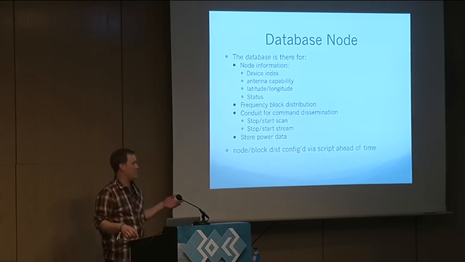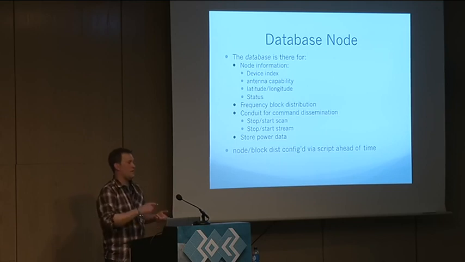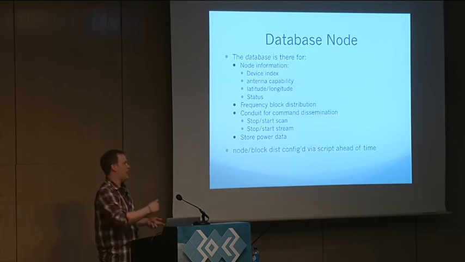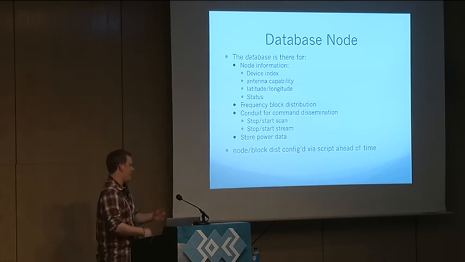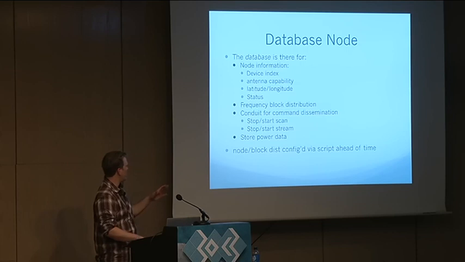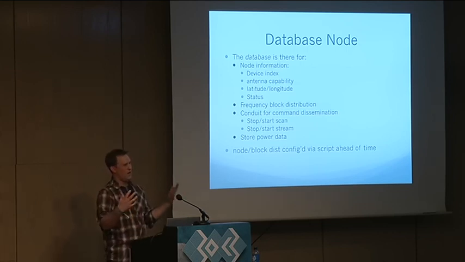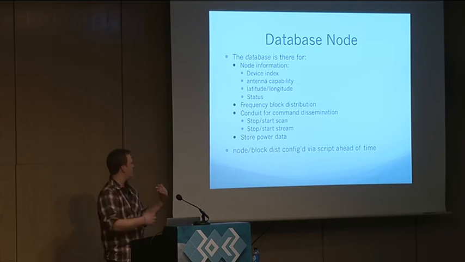Basically, the commands are there for just starting the scan, stopping the scan, starting the RTL TCP stream, stopping that, doing raw IQ writes to file, that kind of thing. So it just gives you a little bit more flexibility than just receiving these power values and being able to do analysis on that.